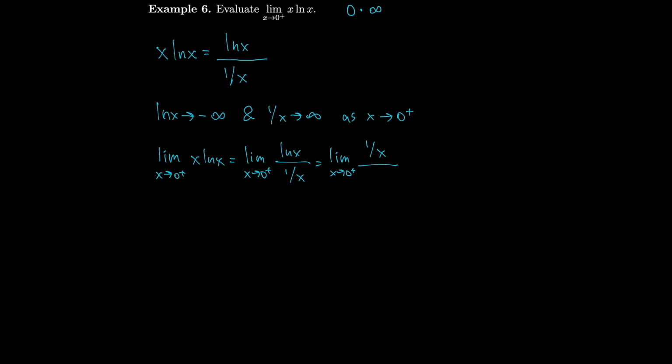Derivative of 1 over x, well, that's x to the minus 1, so it's minus x to the minus 2, aka minus 1 over x squared. Okay, so tons of stuff cancels. This is the same thing as x squared over x, and then we keep the minus. So that's just minus x. And now we can plug in 0 and get 0.